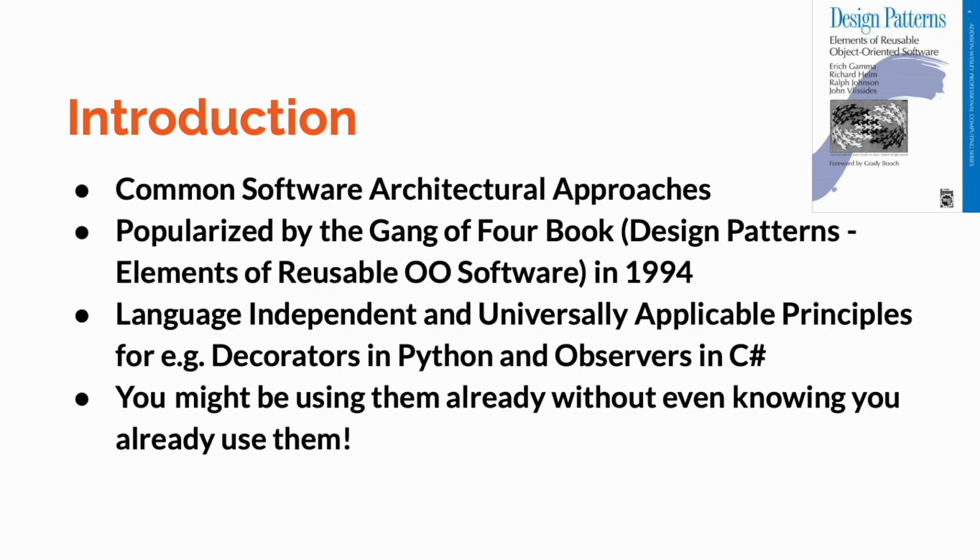These are language independent and universally applicable principles. Whether you're using C Sharp, Java, or Python, everywhere you can use these patterns. It's the kind of abstraction used to implement a lot of software out there, and inside the languages as well, for example, decorators in Python and observers in C Sharp are also based on these design patterns.